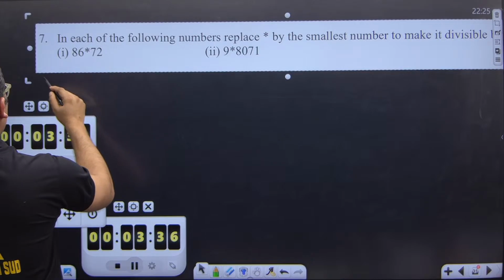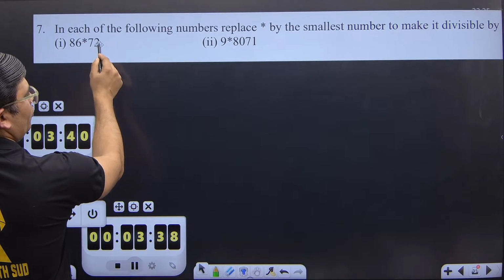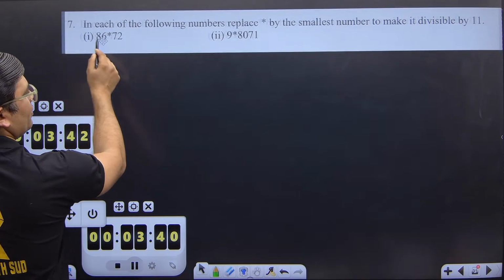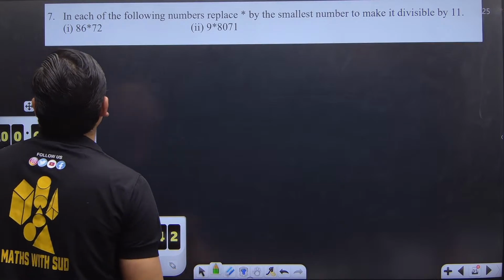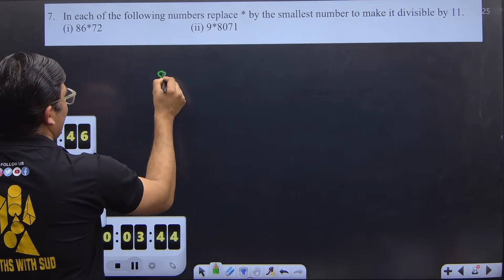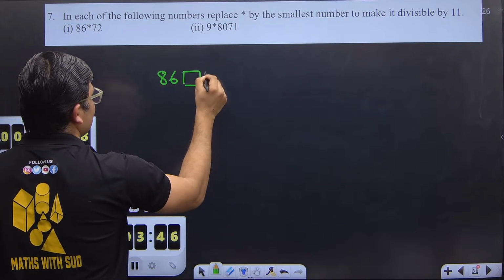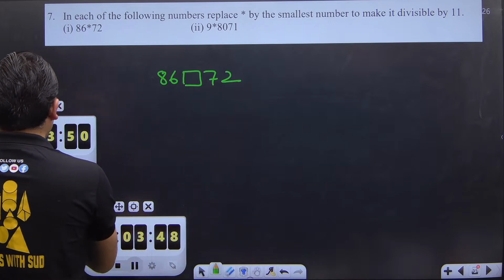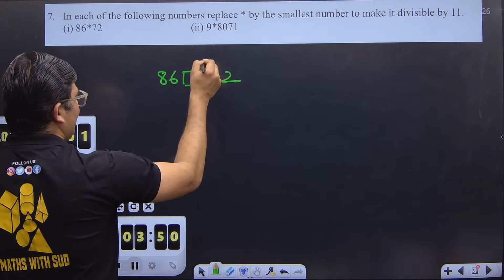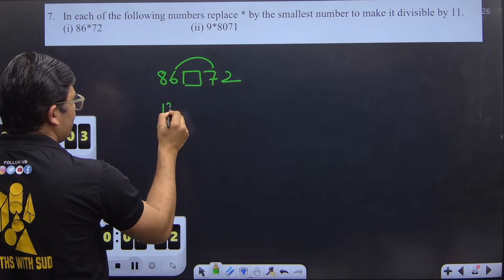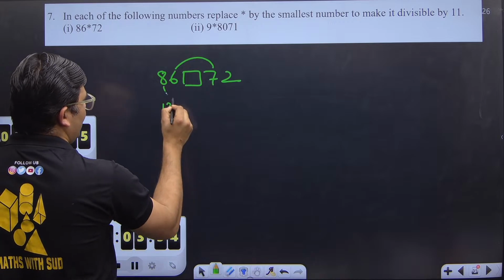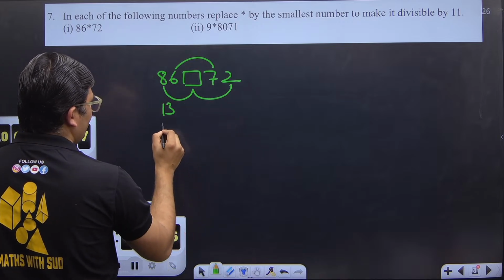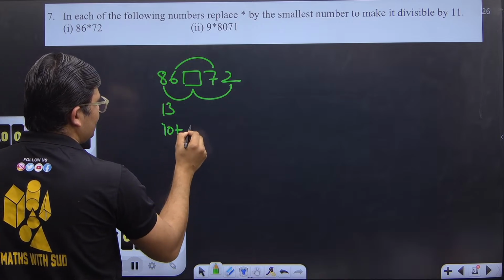In each of the following, replace this by the smallest number to make it divisible by 11. Smallest number. Let's see. So we have 86-72. So if we add these numbers, beta, 7 plus 6, how much is it? 13. And here how much we have? So we have 10 plus, let us say this number is x.